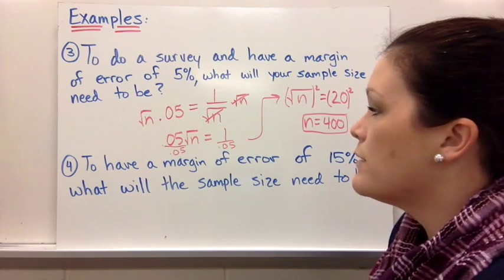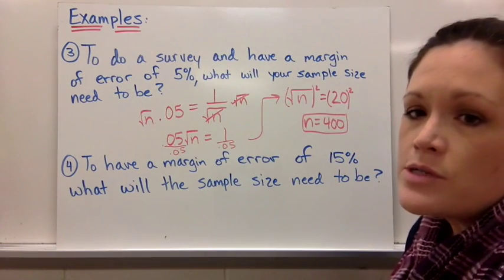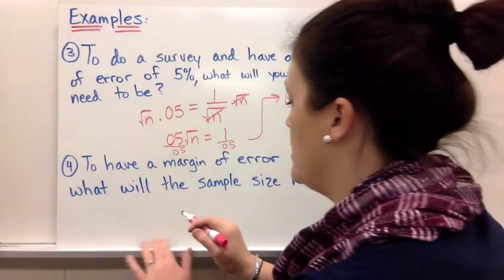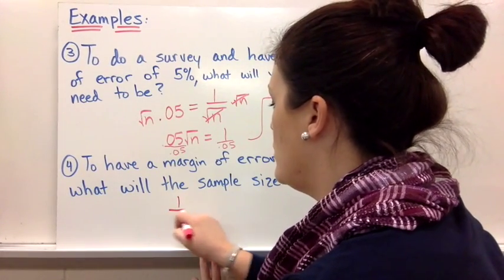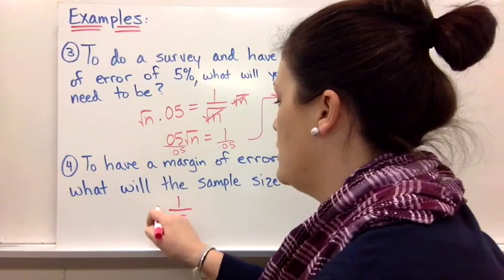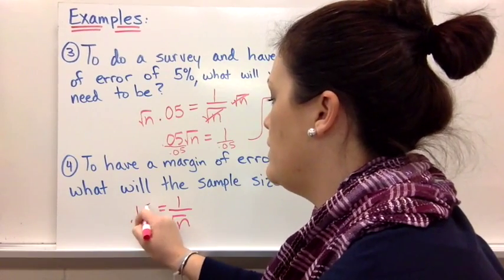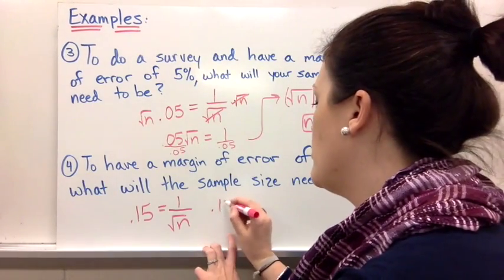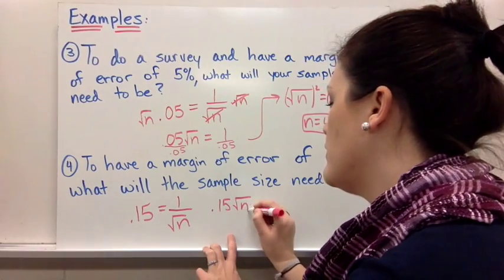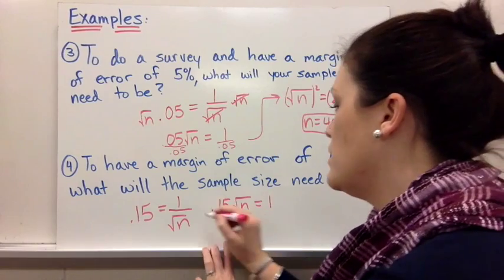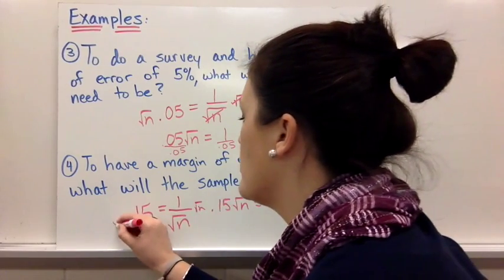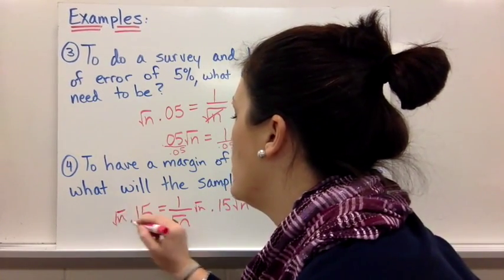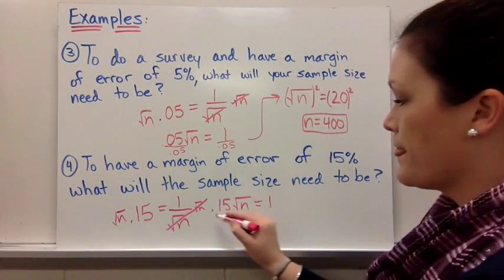And let's do one more example. To have a margin of error of 15%, what would my sample size need to be then? So let's do 1 over the square root of n is equal to 15%. Again, we put it back into a decimal. So that would be 0.15 square root of n equals 1, because we can multiply by the square root of n, and those would cancel out.